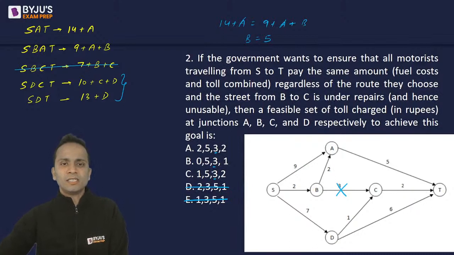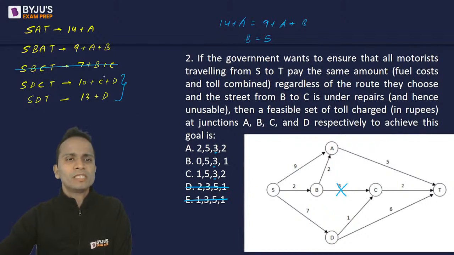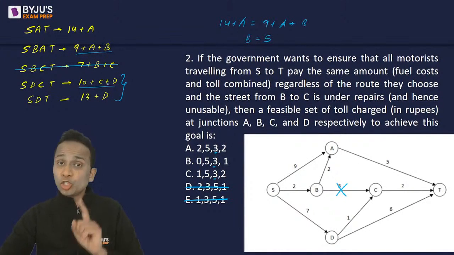So let's go ahead. Now value of B is 5, and can I get the value of A? No, let's not look at that. Now I can compare the values of A plus B and C plus D. 9 plus A plus B should be equal to 10 plus C plus D. So A plus B minus C plus D should be equal to 1.